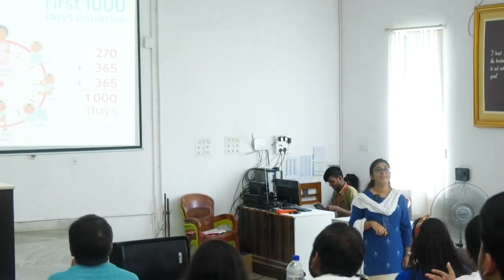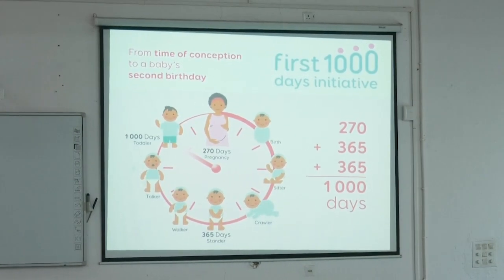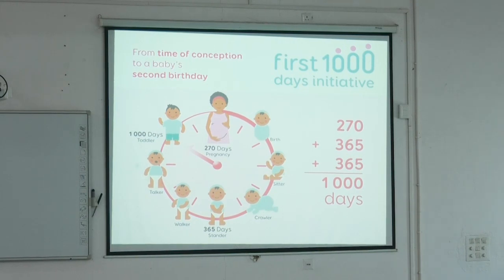Why is it important? This is the peak time of growth and development, and if we give proper support in this phase, we can change the future of the child.